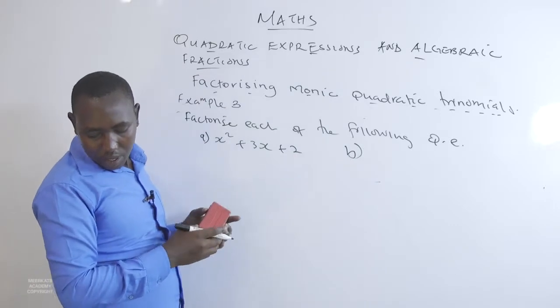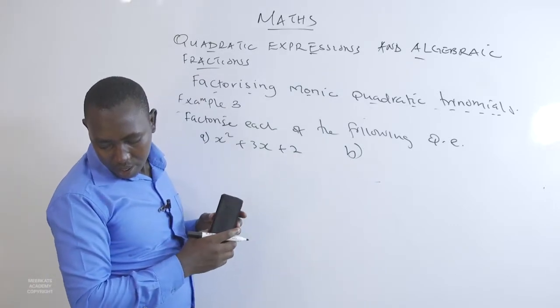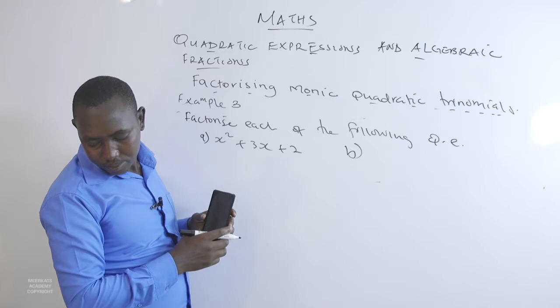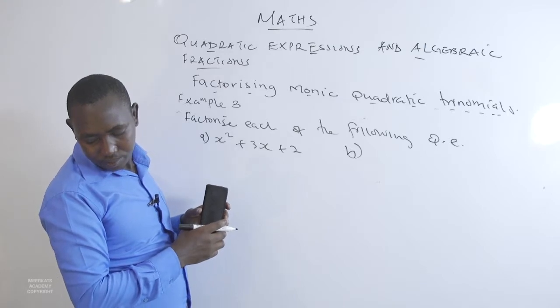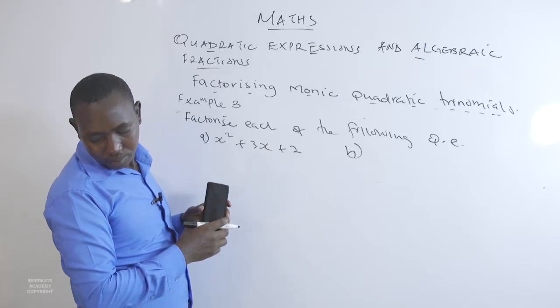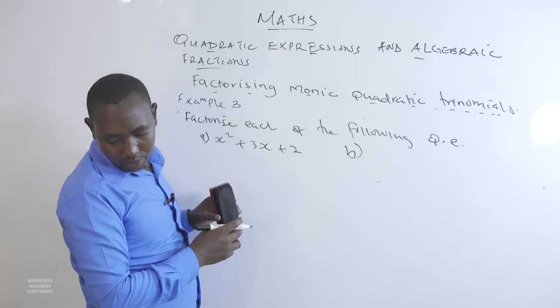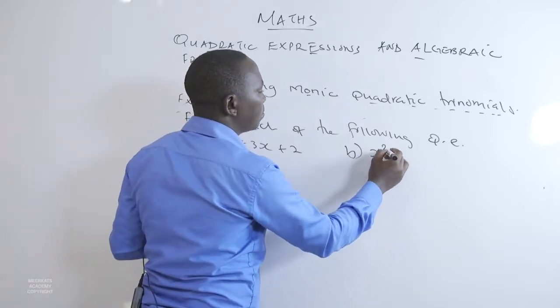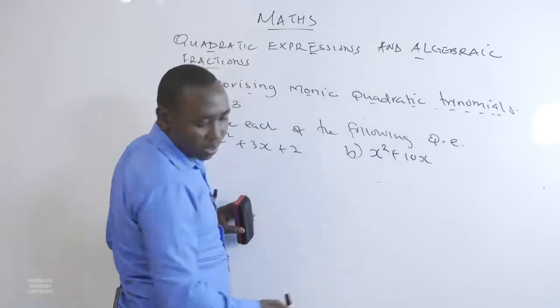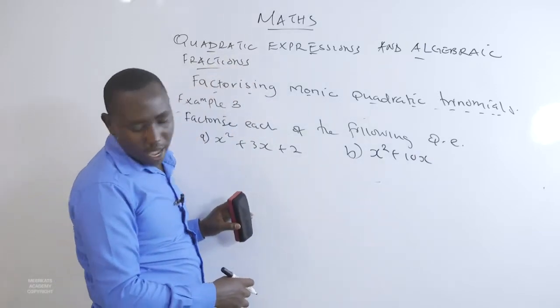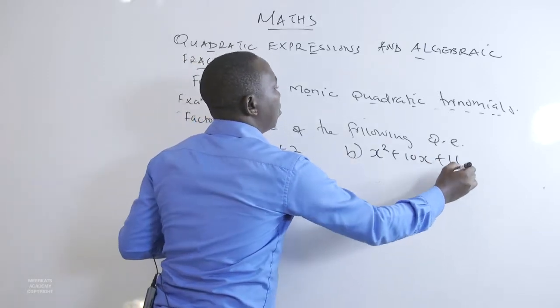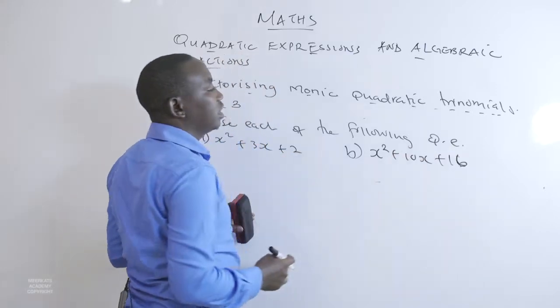Part B, we have x squared plus 10x plus 16.